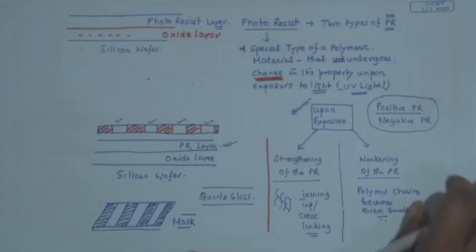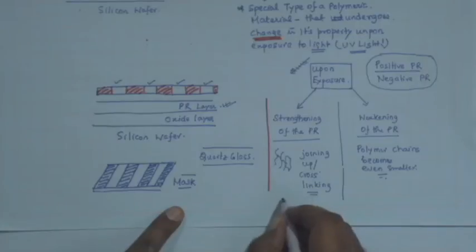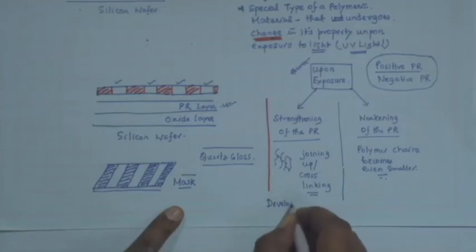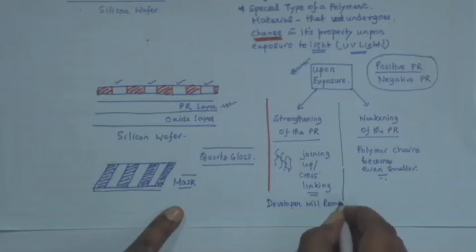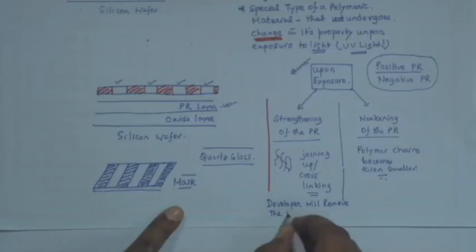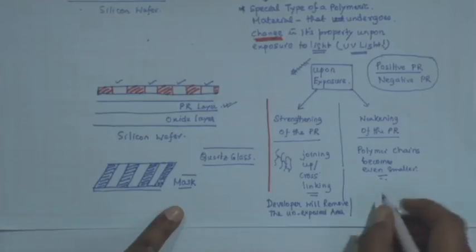So, in case the photoresist has strengthened upon exposure, the developer will remove the unexposed area, or the original photoresist.